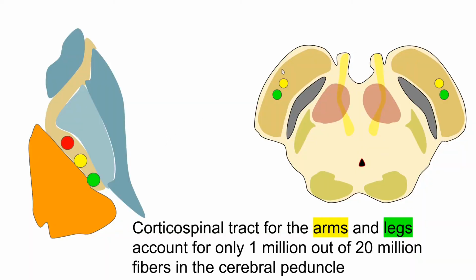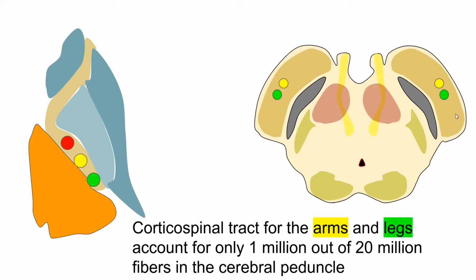Here, comparing a supratentorial cerebral hemisphere slice with a slice of the midbrain, the internal capsule is analogous to the crus cerebri of the cerebral peduncle of the midbrain. The orientation of the fibers is preserved. The arm fibers are anterior to the leg fibers, and together these are your corticospinal tract fibers.